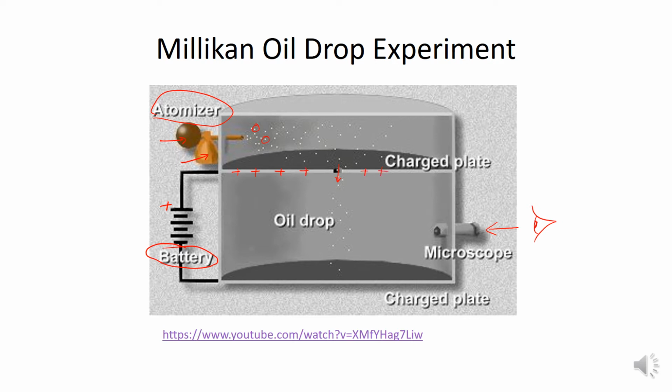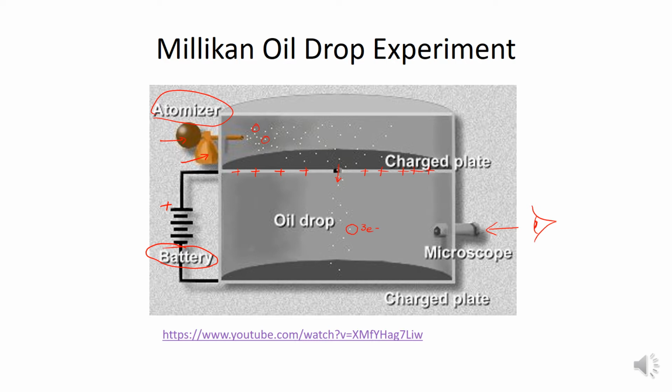Okay, so a little oil drop that had fallen and had its velocity measured here, if for example that had 3 electrons on it after being charged, it was observed then to slow down.